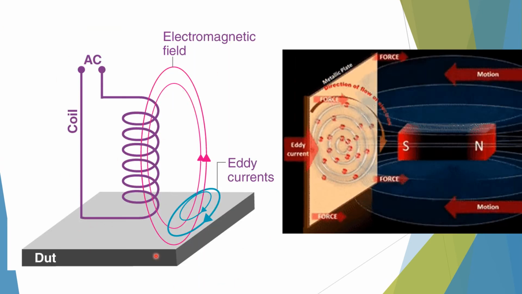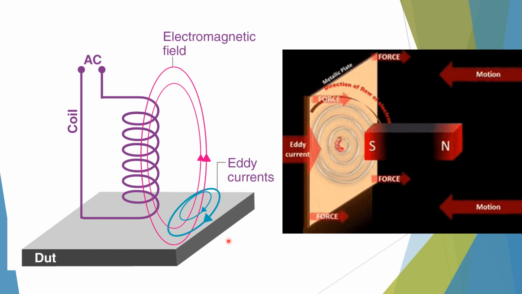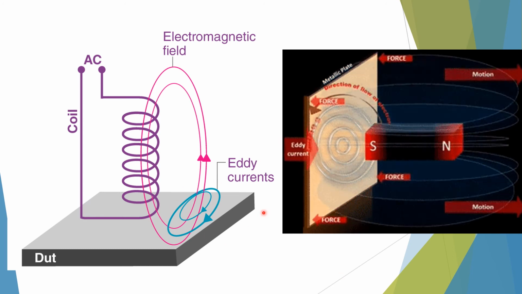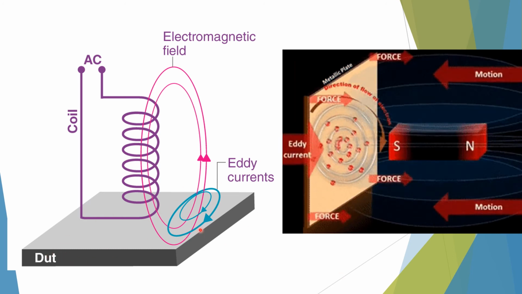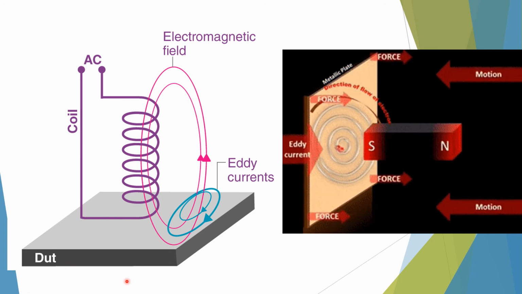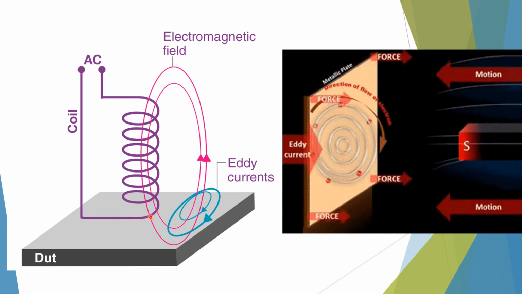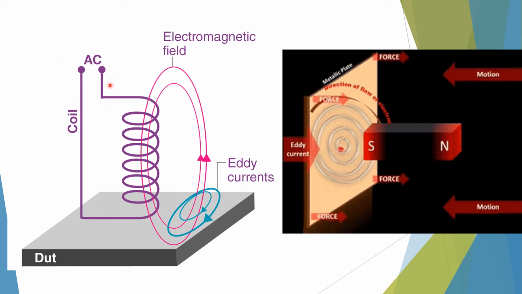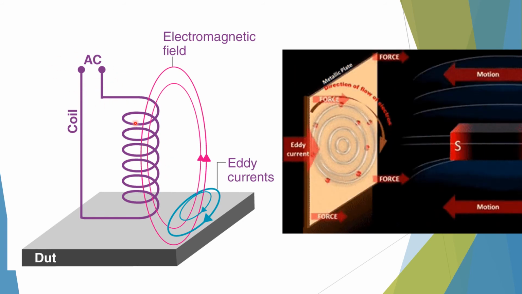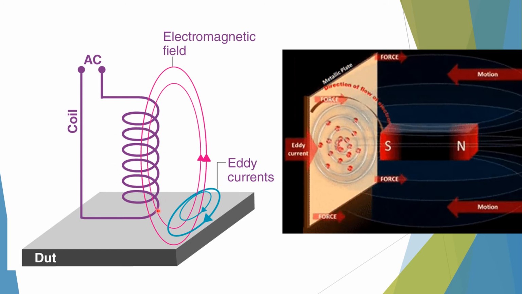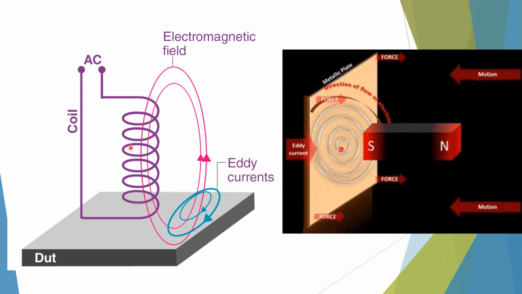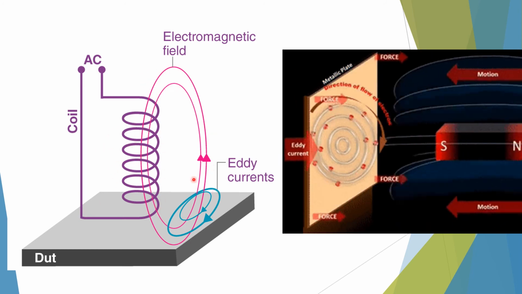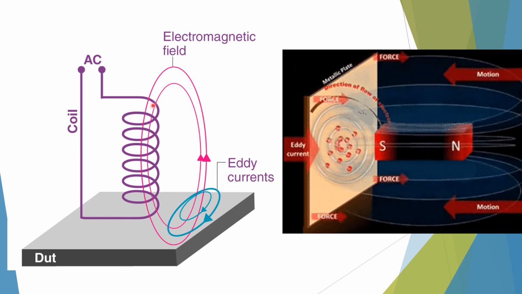Here we have another way of generating or demonstrating eddy currents. Here we have a conductor, and it is not rotating. It is a static conductor. And we have a coil connected with an AC supply. Due to the AC supply, there is change in current through this coil, and that change in current is changing the electromagnetic field or flux.